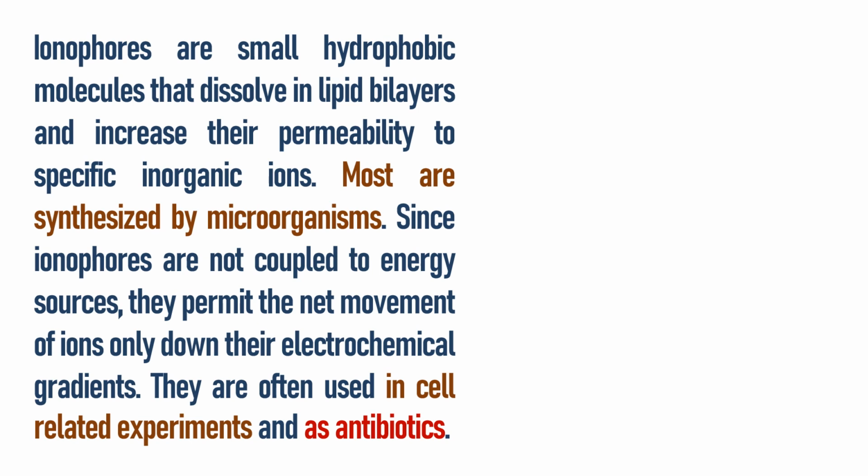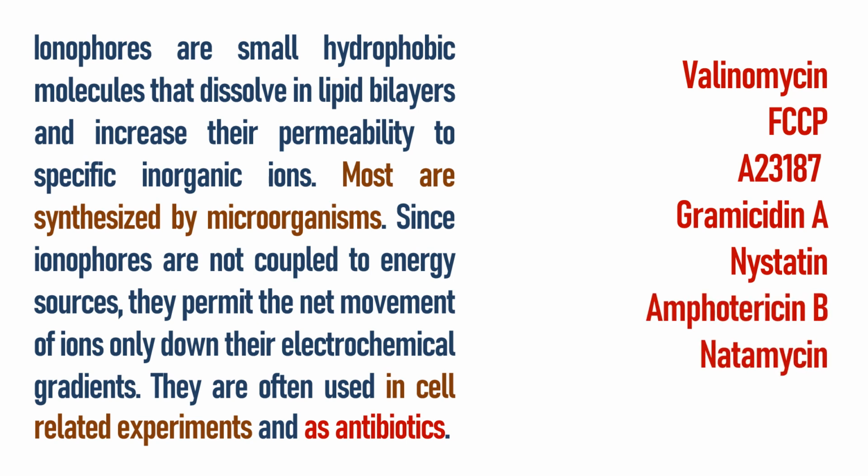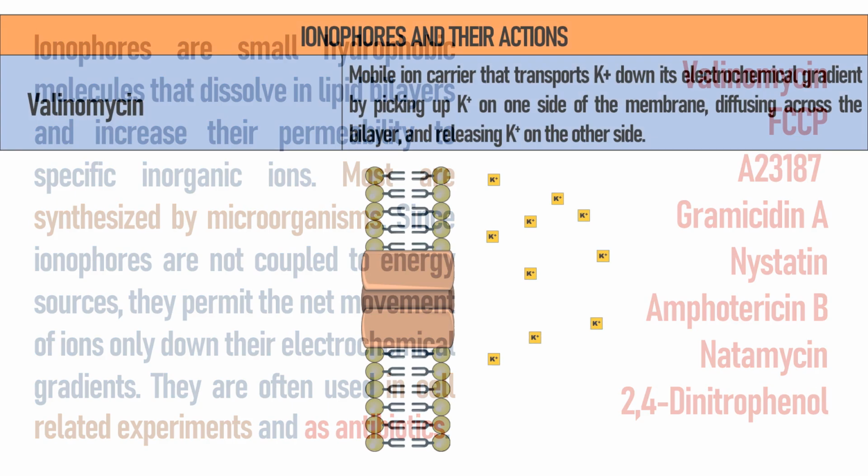Ionophores are small hydrophobic molecules that dissolve in lipid bilayers and increase their permeability to specific inorganic ions. Most are synthesized by microorganisms. Since ionophores are not coupled to energy sources, they permit the net movement of ions only down their electrochemical gradients. They are often used in cell-related experiments and as antibiotics. Here's the list of prominent ionophores.